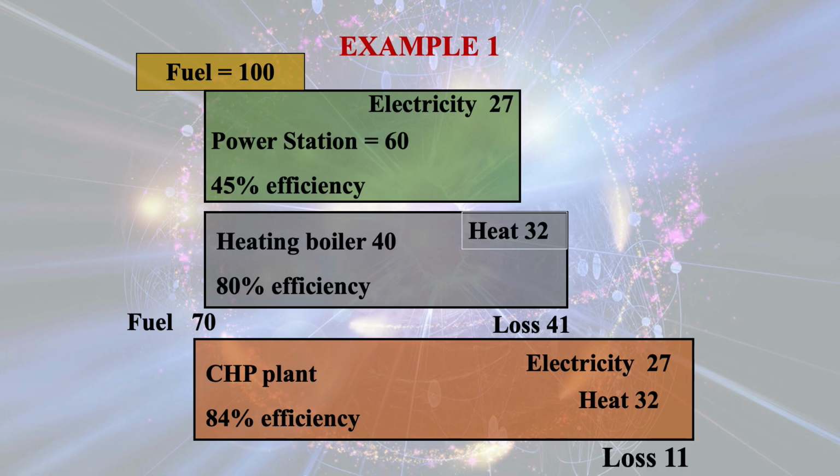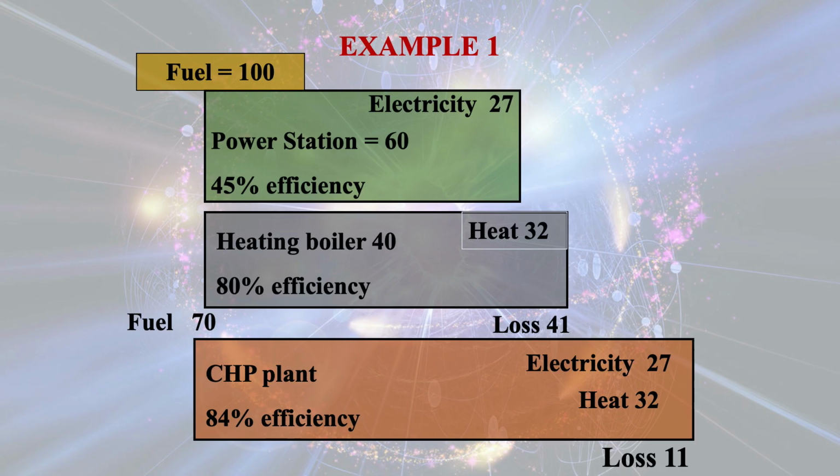So if the efficiency of combined heat and power plant is 84%, so 70 unit we have to give as an input, because 70 into 0.84 is equal to 59, and out of 59 we can bifurcate as 27 for electricity generation and 32 for the heating process.